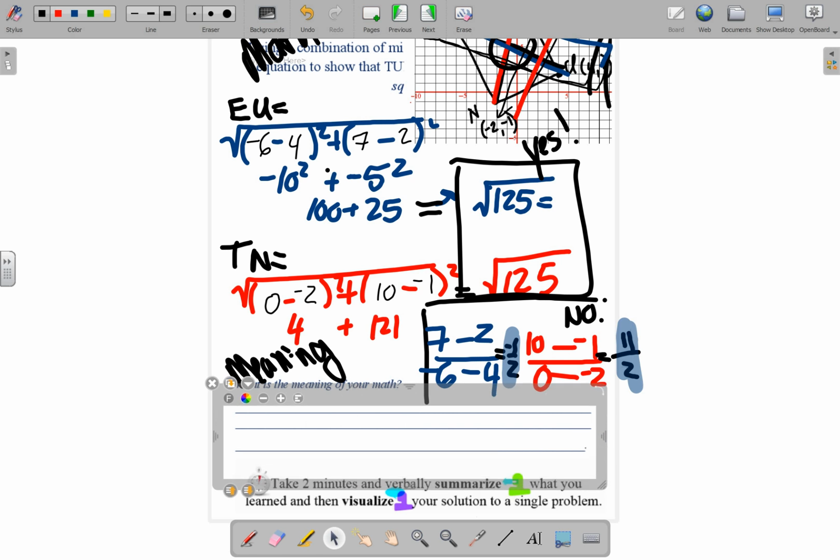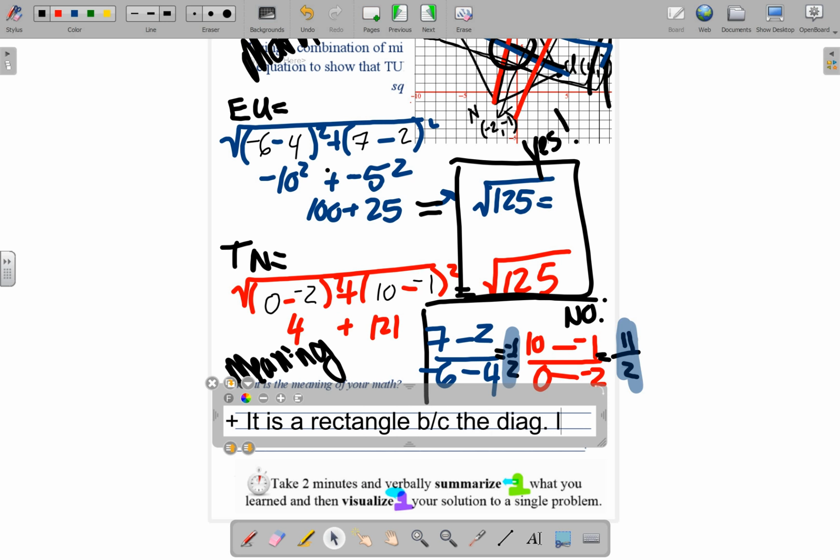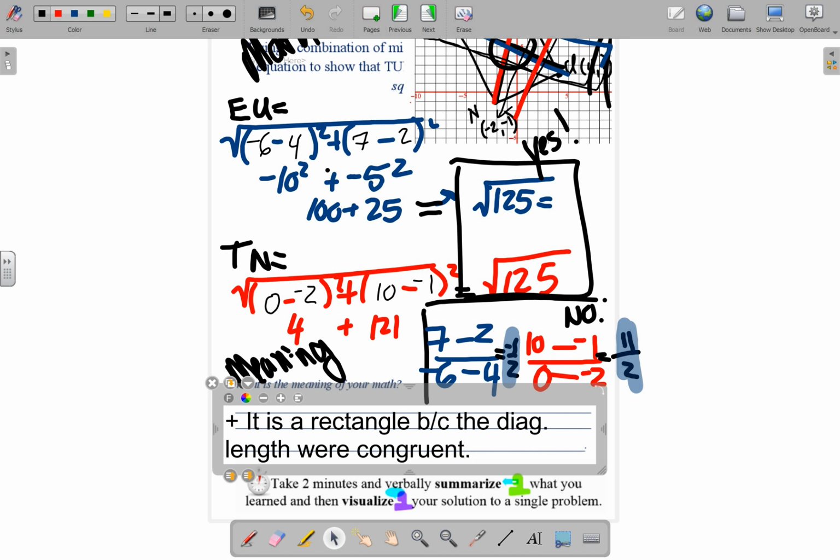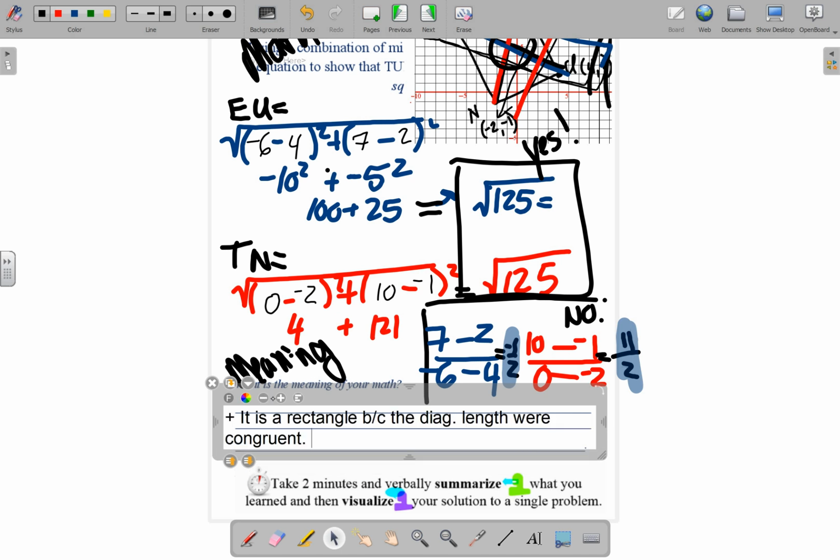I'm going to just use a plus sign for the positive. Okay, it is a rectangle because the diagonal lengths were congruent. So you have to mention the math and then the meaning of the math. That's the positive. This is called a positive and a negative proof.